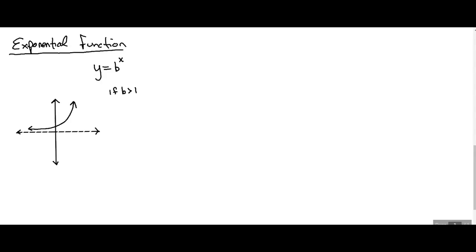If you look at the end behavior of this graph, as x approaches infinity, going this way, you can see that y is going up, so y is going to infinity. And if you look to the left, as x goes to negative infinity, y is going to the horizontal asymptote 0. That's the case if b is greater than 1, because what you have here is exponential growth.